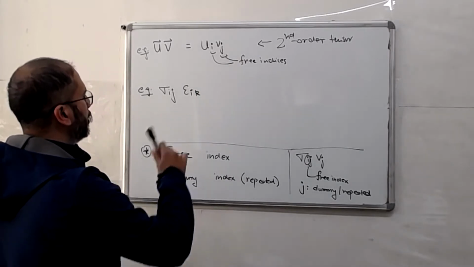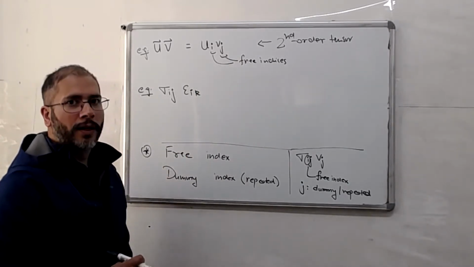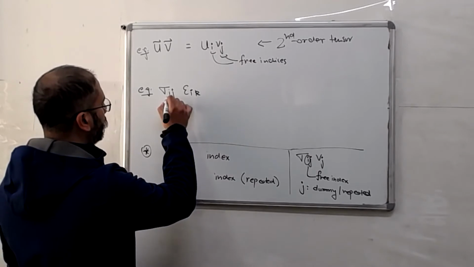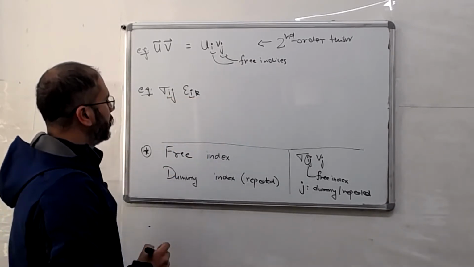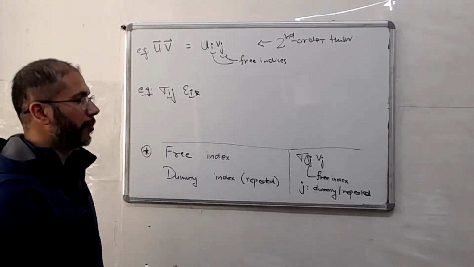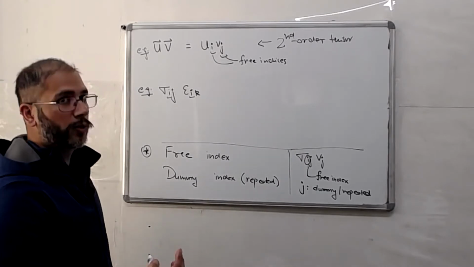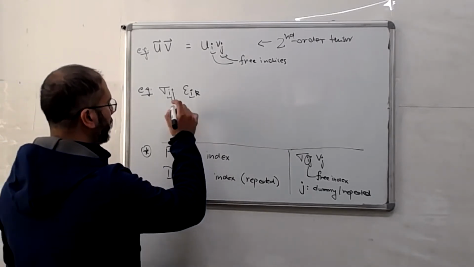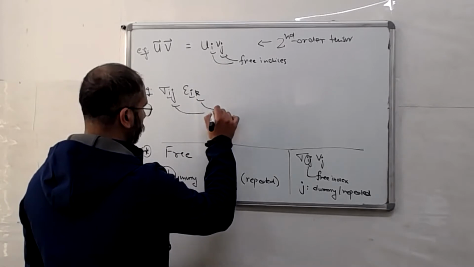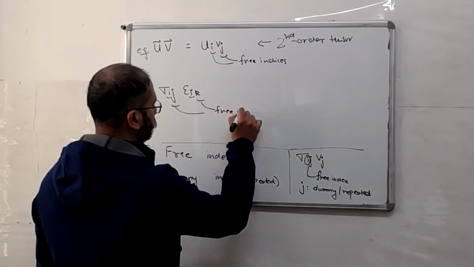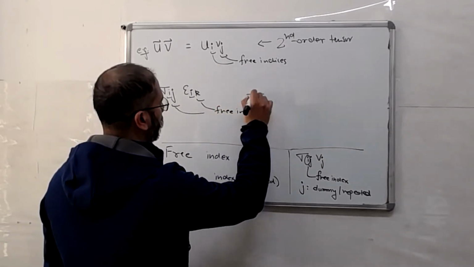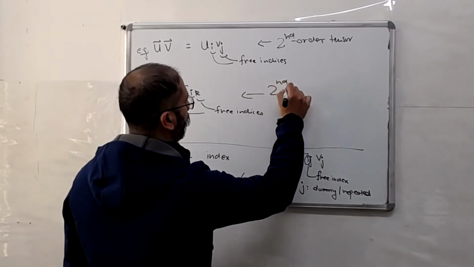So that's the product you have. Now you can see that the index i here is repeated. So that simply expands to a sum of three terms where the index i goes from 1 to 3 in the summation. And we have two free indices, j and k are the free indices. So this becomes a second order tensor.